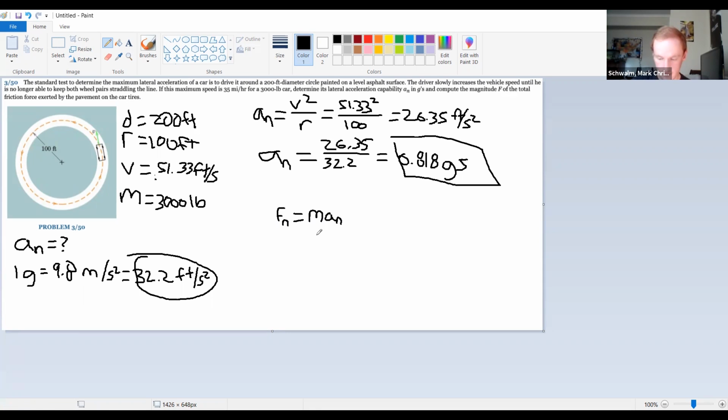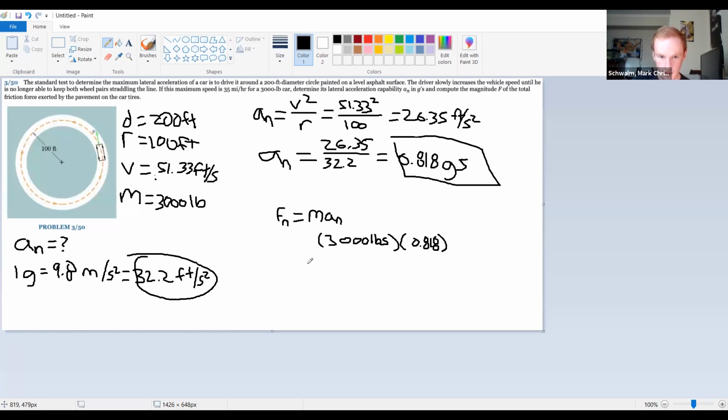So all we got to do is multiply them together. So we have 3,000 pounds times 0.818.